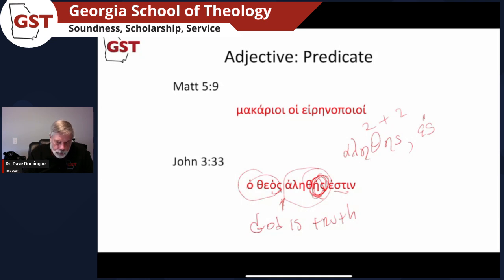It's the same article as tous paidas, so it's giving us more information qualifying the children. The children in a relative clause. A relative clause would be like who are in Bethlehem. The children who are in Bethlehem, not the children over there, but the ones who are in Bethlehem.